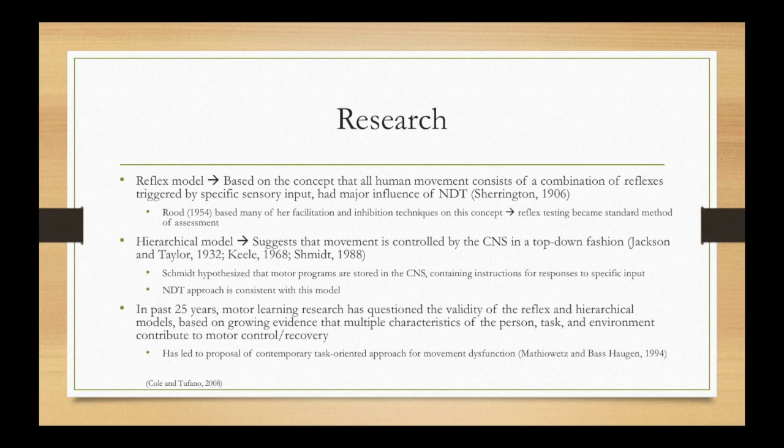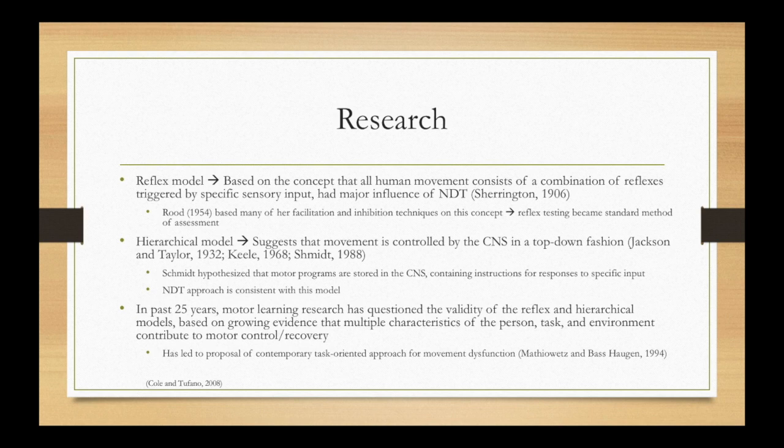The hierarchical model, which was first developed in 1932, suggests that movement is controlled by the central nervous system in a top-down fashion. Schmidt, one of the researchers behind the model, hypothesized that motor programs are stored in the central nervous system, containing instructions for responses to specific input. The NDT approach is consistent with this model, which views abnormal movement as the loss of voluntary control in the central nervous system.